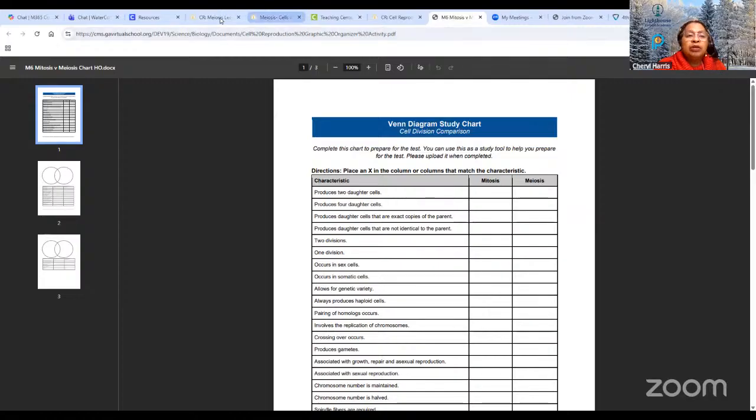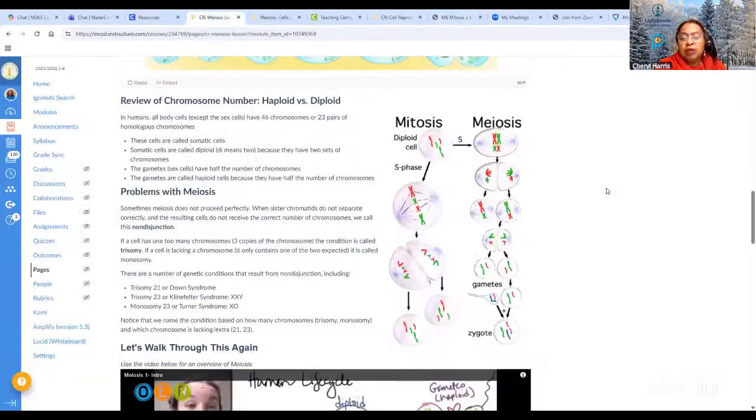If we come back over here again, we need to remember that mitosis has diploid, and then you're going to separate those when you get down here into haploid cells. So it may look like it starts with diploid, but it's going to create haploid cells.